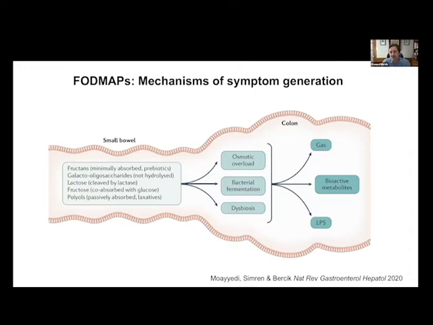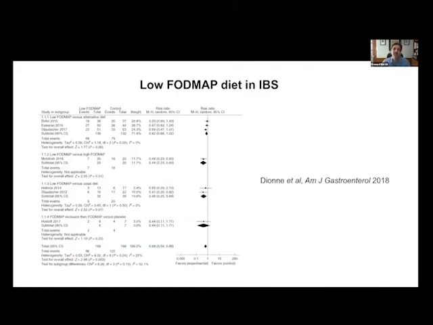Apart from the osmotic overload which these substances trigger when they arrive in the colon, they will also be associated with bacterial fermentation and possible dysbiosis. This can lead to gas production, genesis of bioactive metabolites, and also some immune stimulation, for example, through production of LPS.